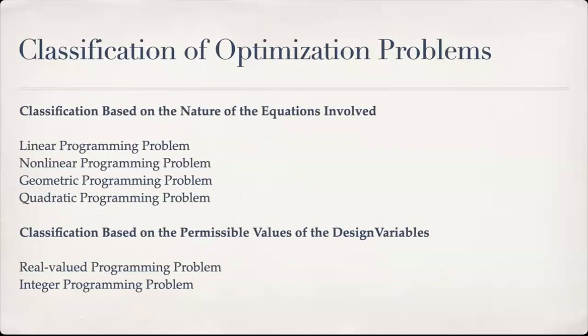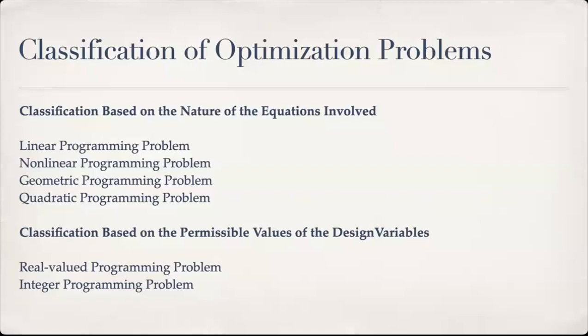Okay, so now we move to the thing which is easier to understand. We can classify the optimization problem based on the nature of the equations involved. For example, if your objective function is a linear function and your constraints are all linear, we treat the problem as a linear programming problem, or linear optimization problem. In short, we call it LP, linear programming.